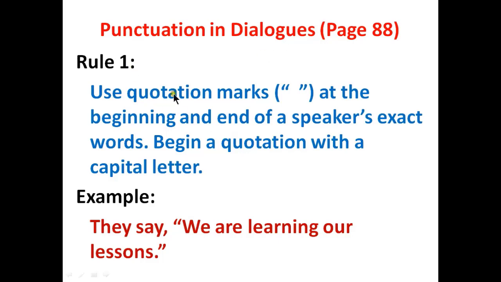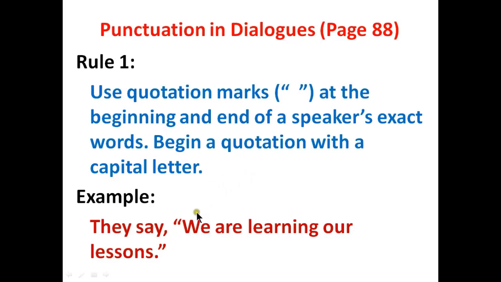Rule number 1. You will use quotation marks at the beginning and end of a speaker's exact words. Begin a quotation with a capital letter. Now here is a sentence. They say, "We are learning our lesson." This sentence, "We are learning our lesson," is actually called a quotation here. Why is it a quotation?